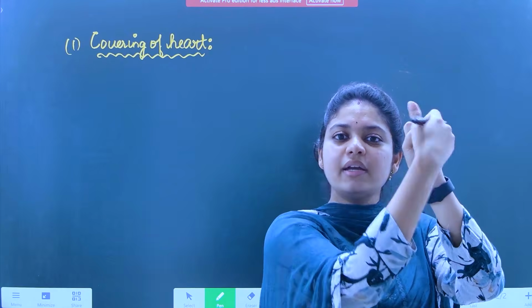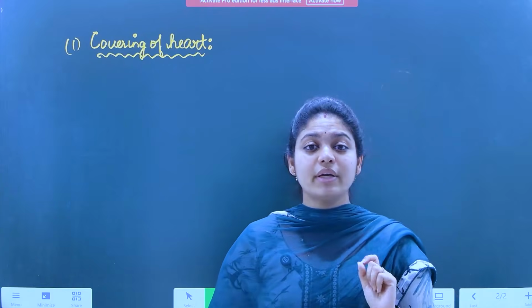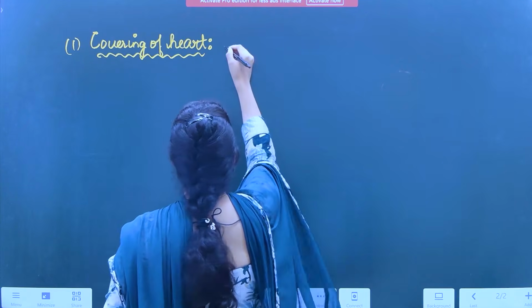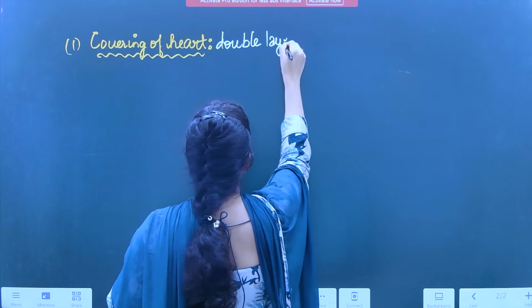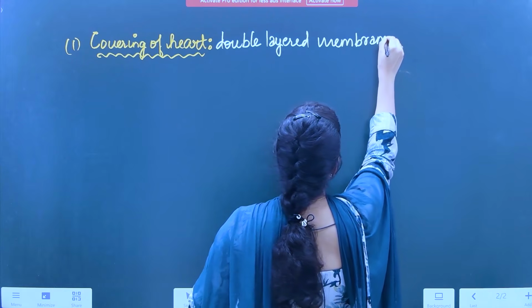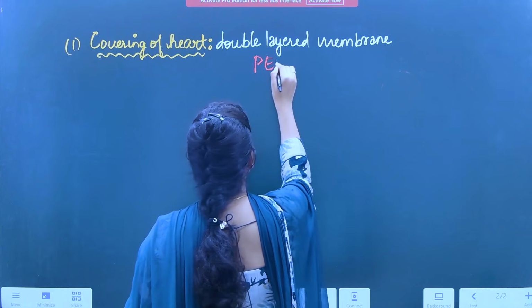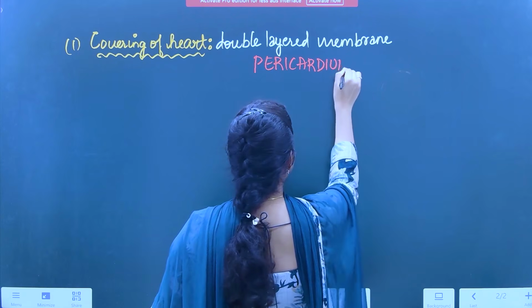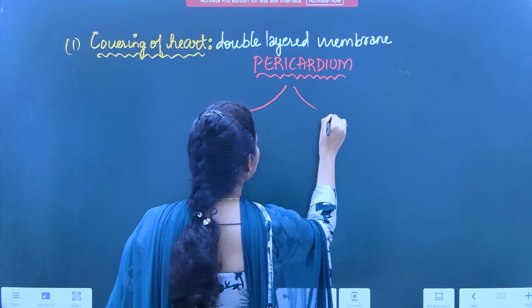This heart is protected by a double-layered membrane, which is called the pericardium.